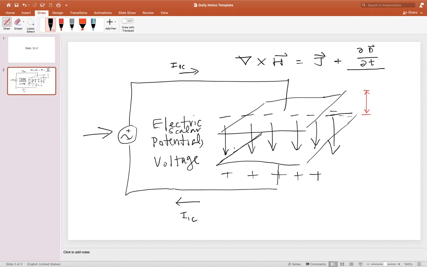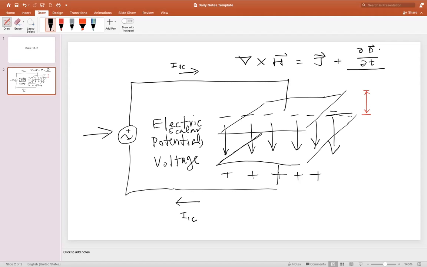Because it takes time for this parallel plate situation to achieve a steady state where it's balanced in voltage with respect to the battery or that source, that voltage is changing. And if the voltage is changing, the field is changing.